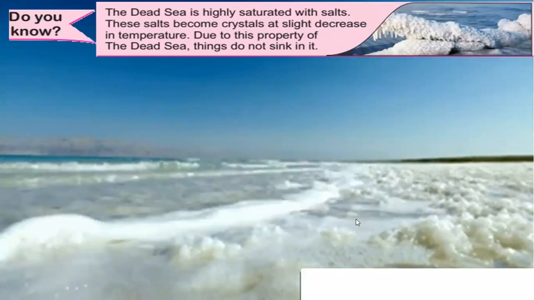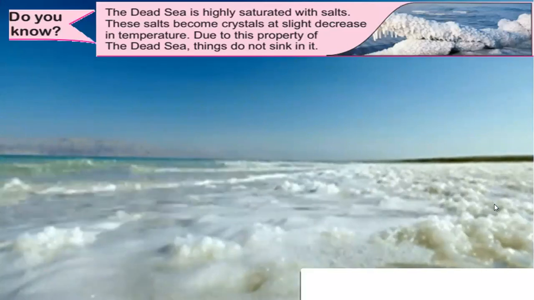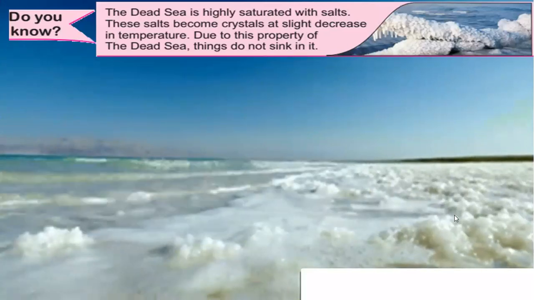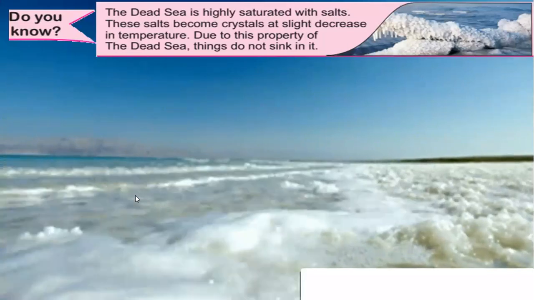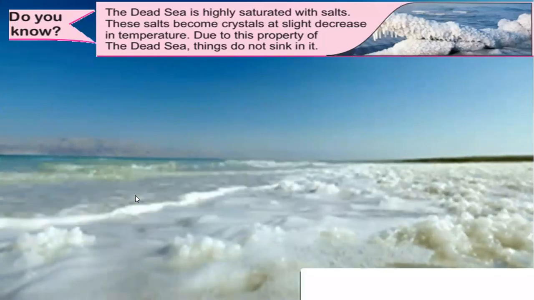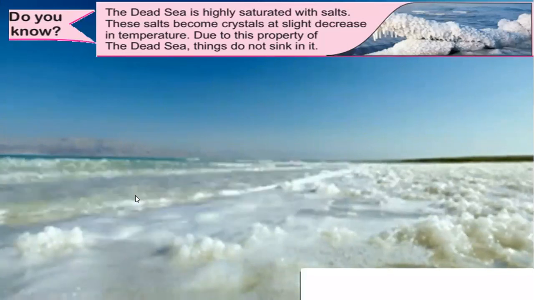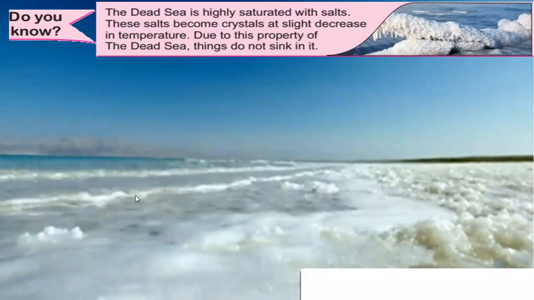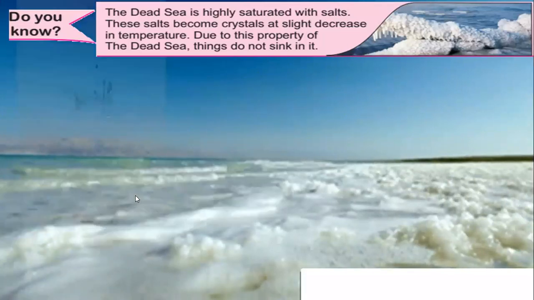You can see lots of salt crystallized here also. Because the water becomes denser, concentrated or saturated, anything which goes into that sea floats in it and does not sink.